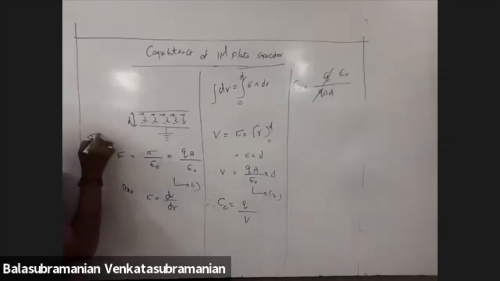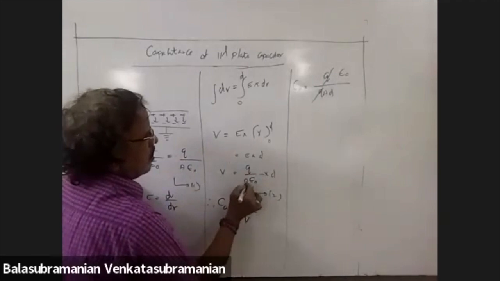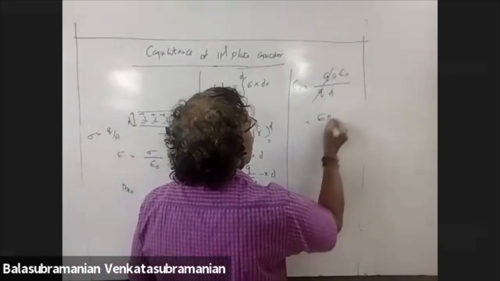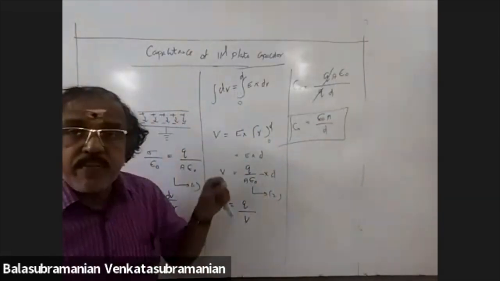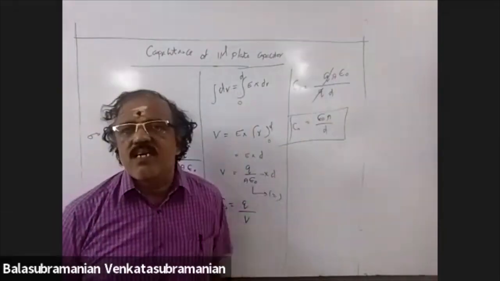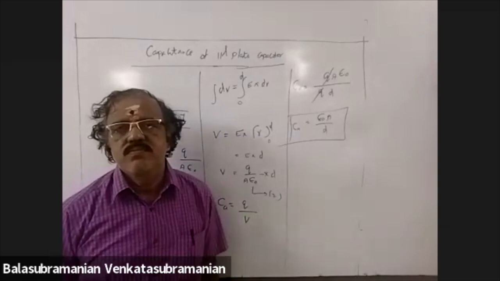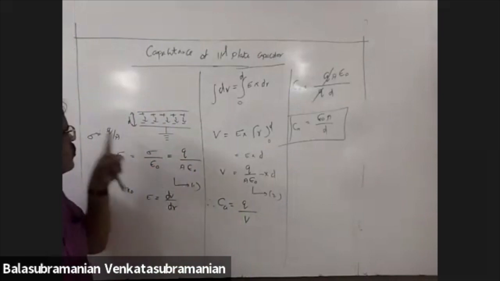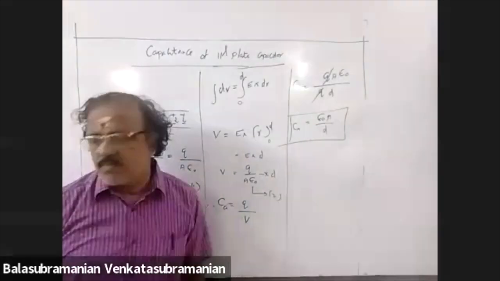Sigma is equal to Q by A, so I can write epsilon naught. So the capacitance of the parallel plate capacitor is C is equal to epsilon naught A by d. Here sigma is Q by A, not Q into A. So we have to substitute Q by A. Okay.